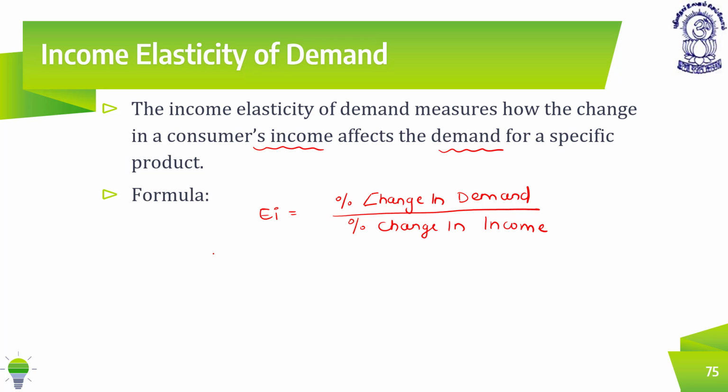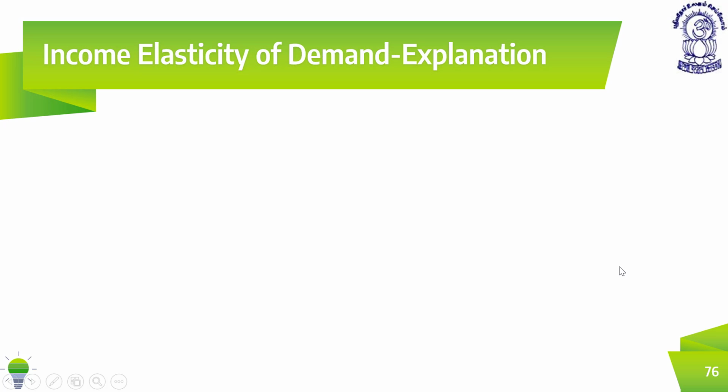Percentage change in demand, how will you calculate that? You will write delta Q upon Q divided by delta Y upon Y. So instead of price, we are writing income. And finally, you can simplify it as delta Q by delta Y multiplied by Y by Q. Let me explain.